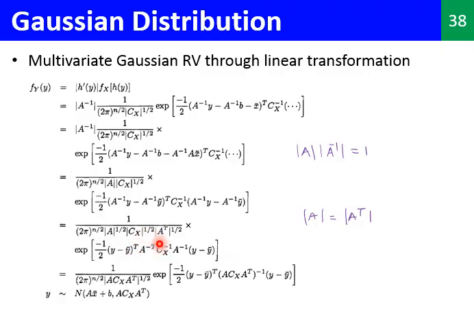Okay, so with those we finally get this multivariate Gaussian distribution for y, where the mean is equal to Ax bar plus b, and see how the covariance matrix has changed using the A matrix.